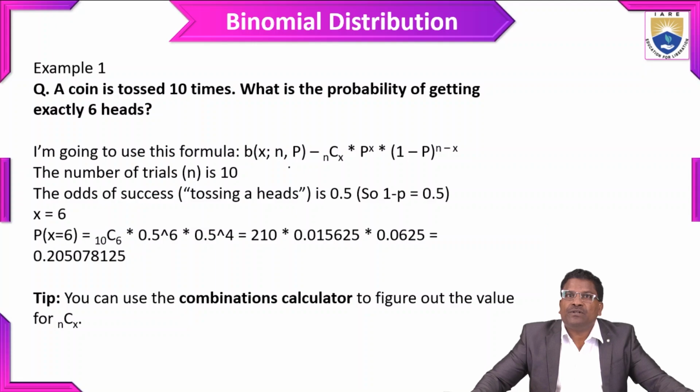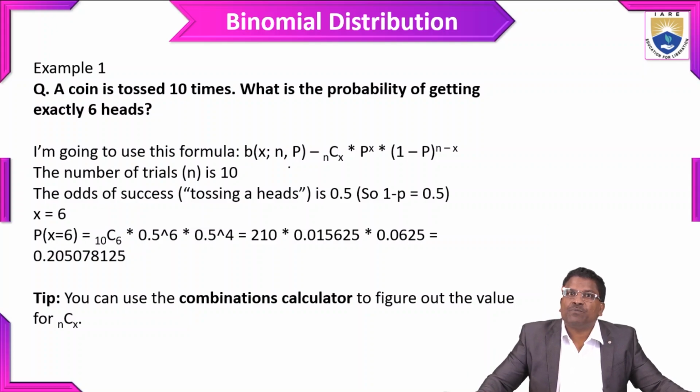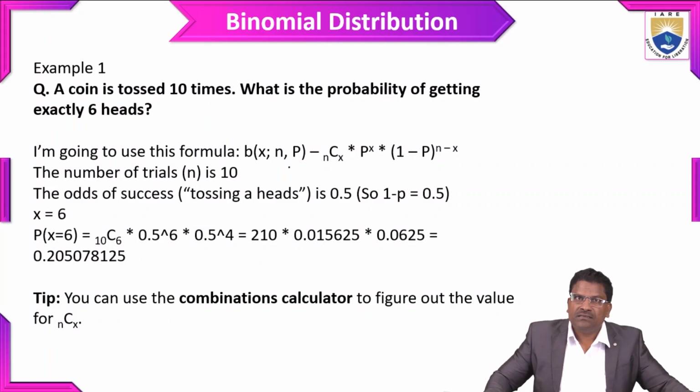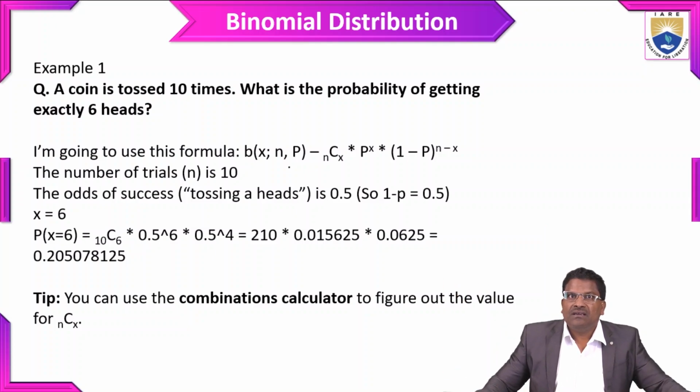Let us see one example. A coin is tossed 10 times. What is the probability of getting exactly 6 heads? This is the question. By seeing that only, you should be able to analyze what n, x, and p are. Here, what is n?